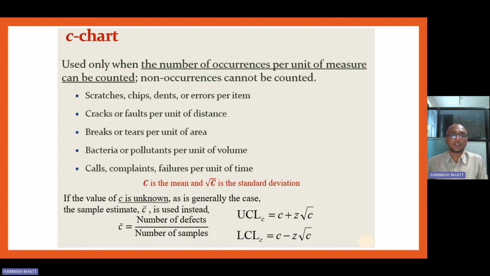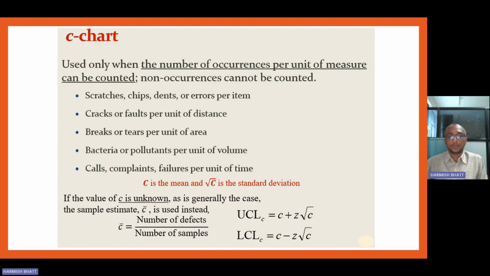So if scratches or chips or dents or errors are to be calculated, then the C chart can be prepared. Cracks or faults per unit of distance, breaks or tears per unit of area, bacteria or pollutants per unit of volume, false complaints, failures per unit of item. If such measurements are available, then the C chart can be prepared.